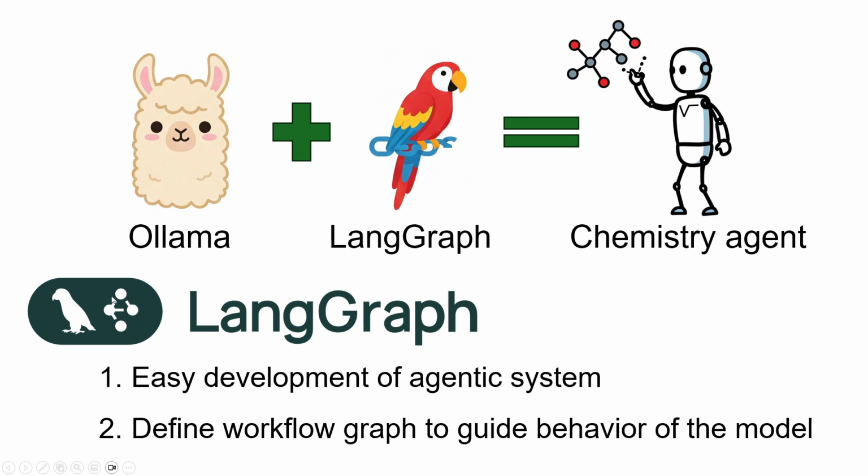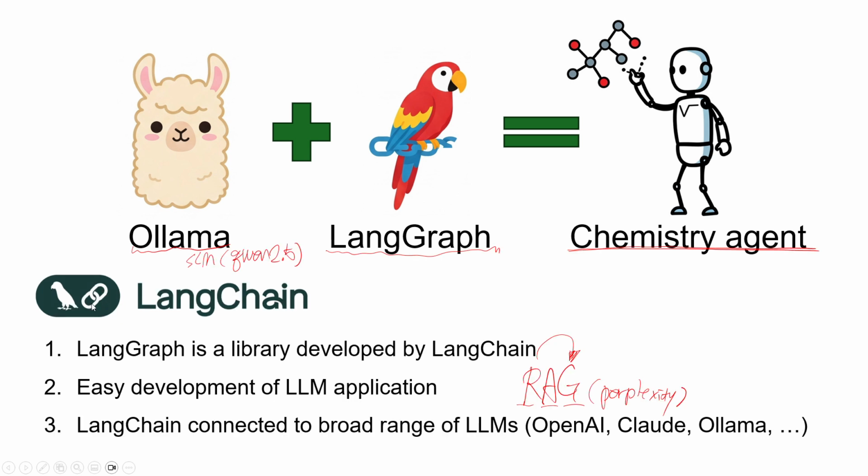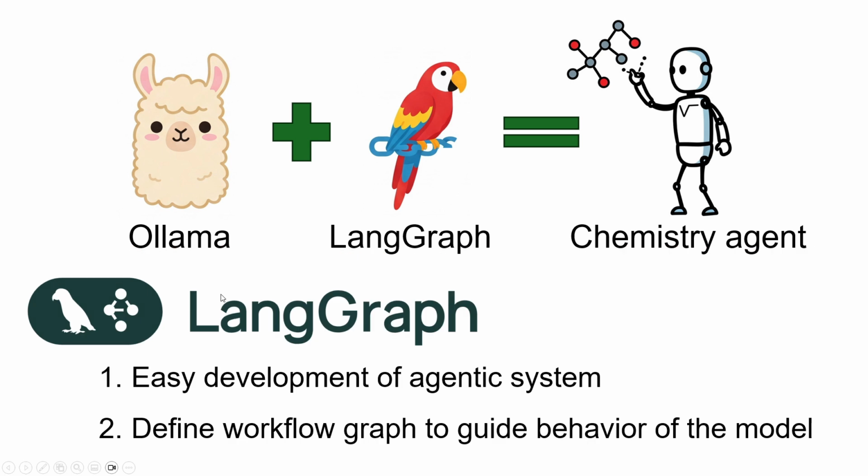And here you may notice that it was chain here, and now it's graph here. And this graph is actually a workflow. So LangGraph defines a workflow graph to guide the model behavior.